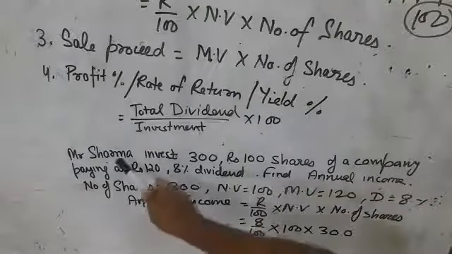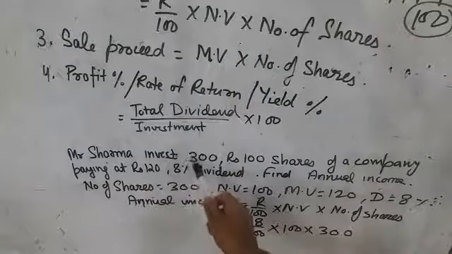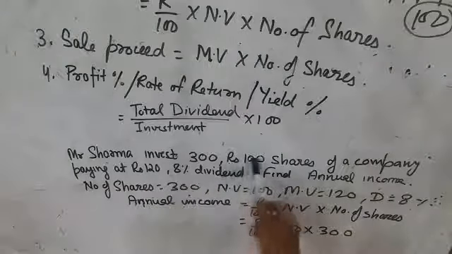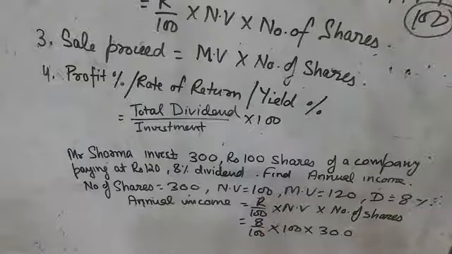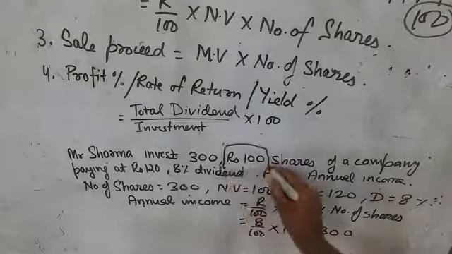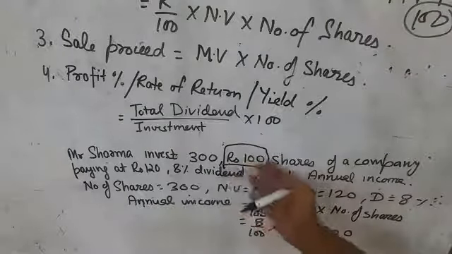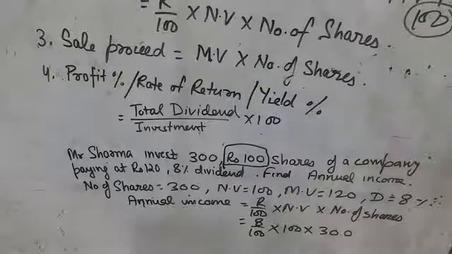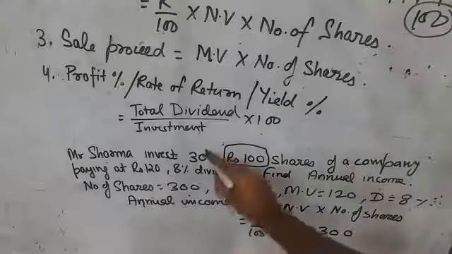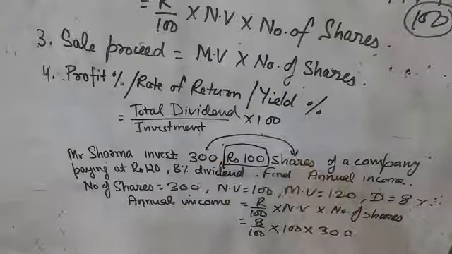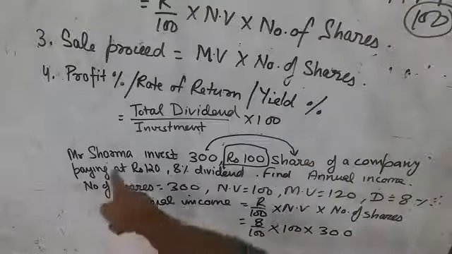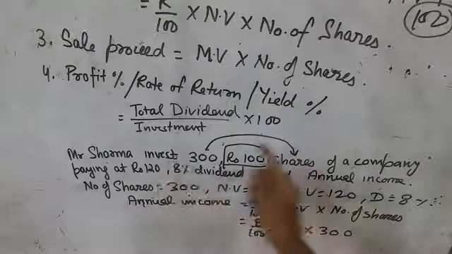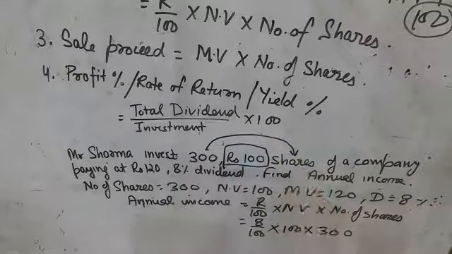Mr. Sharma invests 300 shares, rupees 100. So whenever rupees 100 is written, that will be the nominal value. And we have to connect 300 to shares. Mr. Sharma invests 300 shares. That means this is the number of shares.